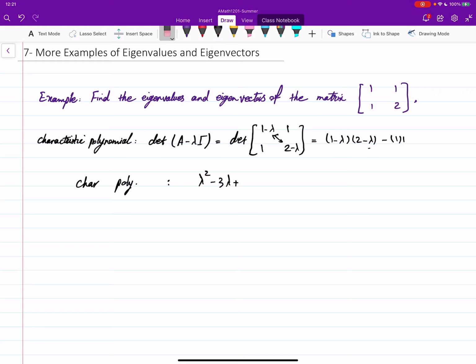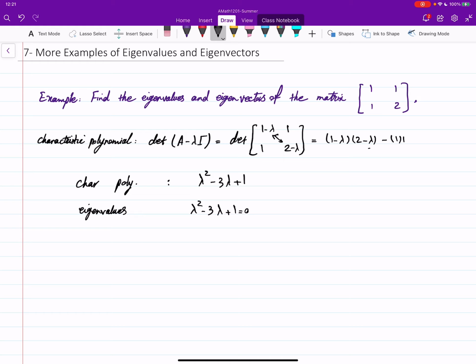Okay, I can set just that to be plus 1. Very nice. Now that we have this, eigenvalues are the roots. So I set lambda squared minus 3 lambda plus 1 equal to 0.